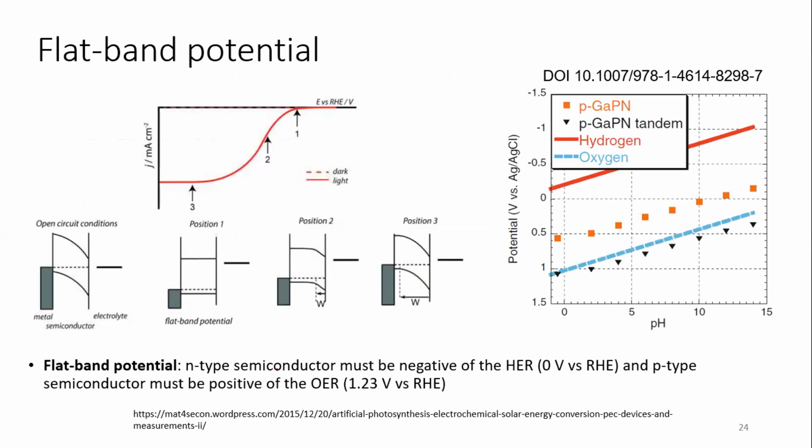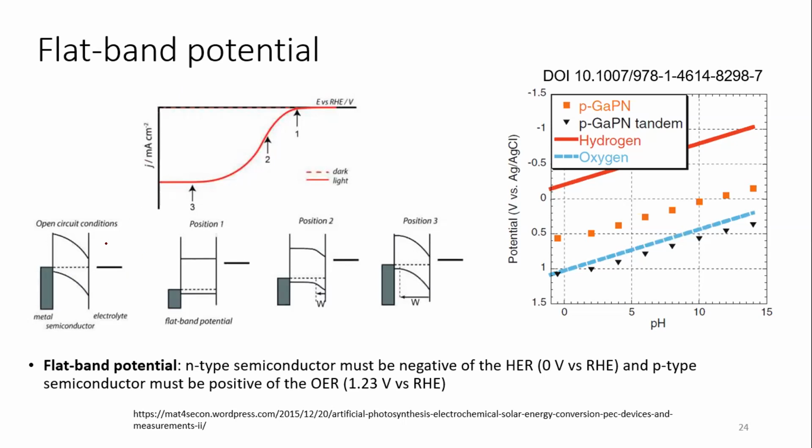Before moving on to showing the photoelectrochemical results, let me spend a few minutes on the flat band potential. The flat band potential is one of the important measures of any photoelectrode system. Why is it important?